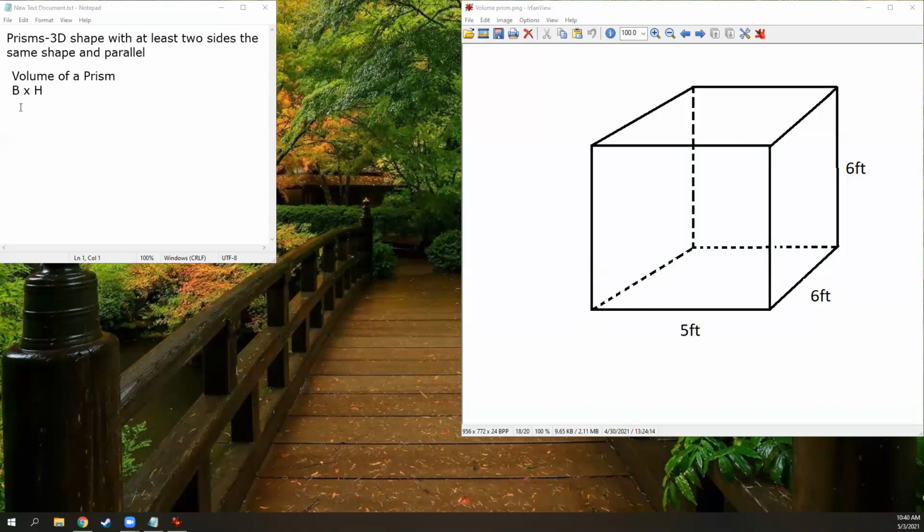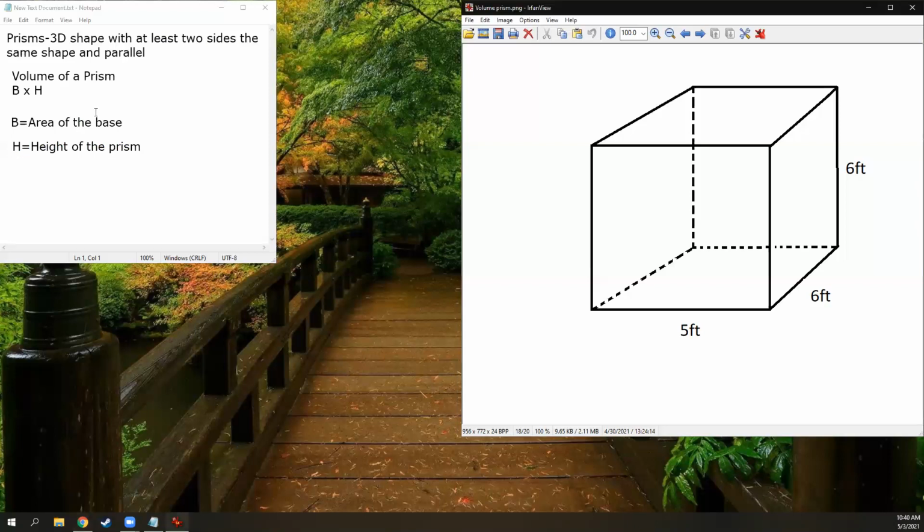But if you notice, these are capitalized, and they're capitalized for a very, very good reason. Capital B equals area of the base. Capital H equals height of the prism. So they're two very, very different things.